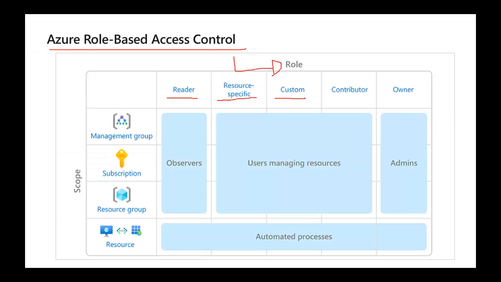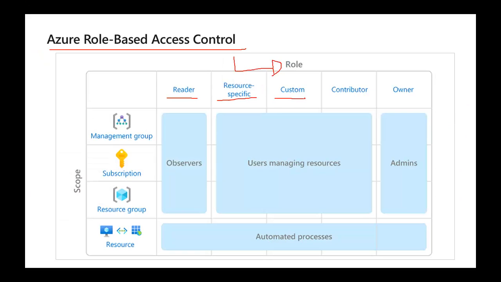These custom roles allow you to create a new role with a specific name, and you are going to be able to manually assign which permissions are going to be related with this new custom role.